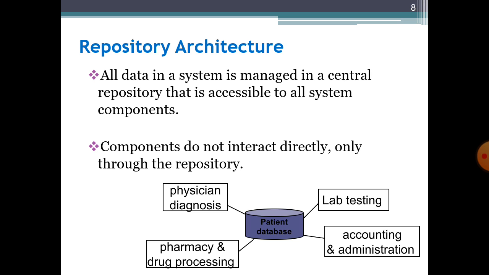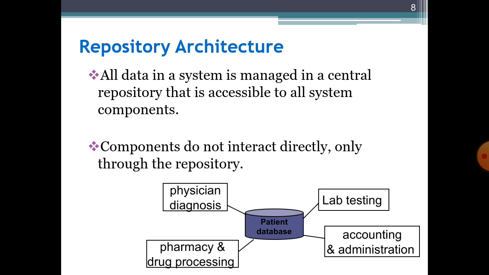So in this example of repository architecture, you can see that the patient database is the data store, and physician diagnosis, lab testing, accounting administration, and pharmacy drug processing are four different independent components, and these four components cannot communicate directly with each other. All of these four components will always communicate through a central repository, which is the patient database, and we also call this a data store.